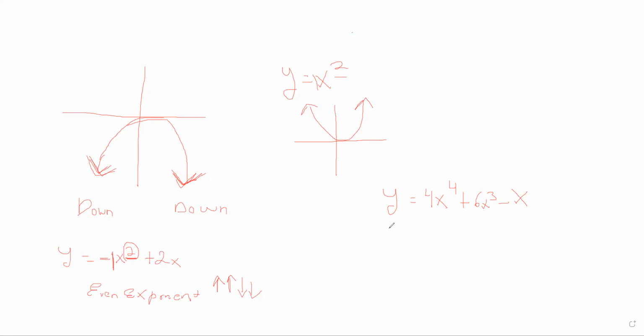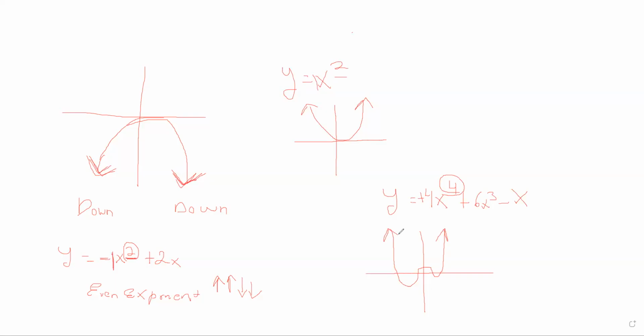Again, this is an even exponent, which means both ends of the graph are going to end up in the same direction. And this is a positive leading coefficient, so the end behavior of the graph is going to be upwards. If I sketched it out, the graph goes up on both ends.